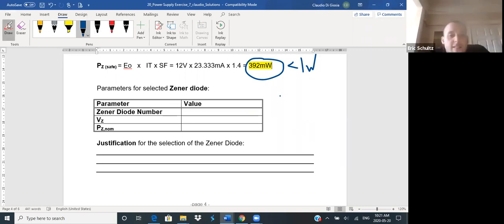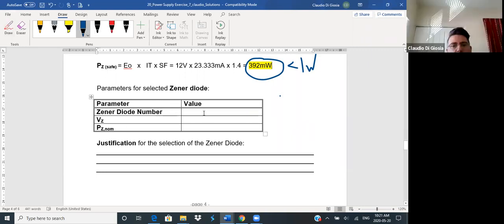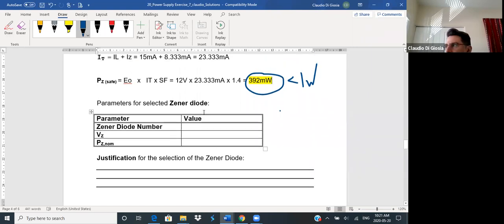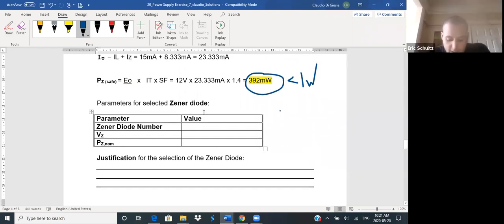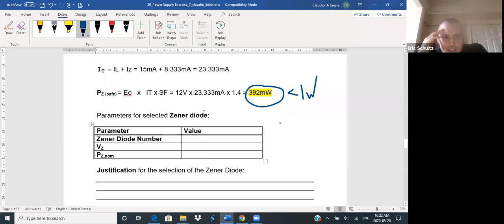So Zener diode number. Eric, how do I choose a Zener diode number? We need to compare the PZ safe and the IT to the table.